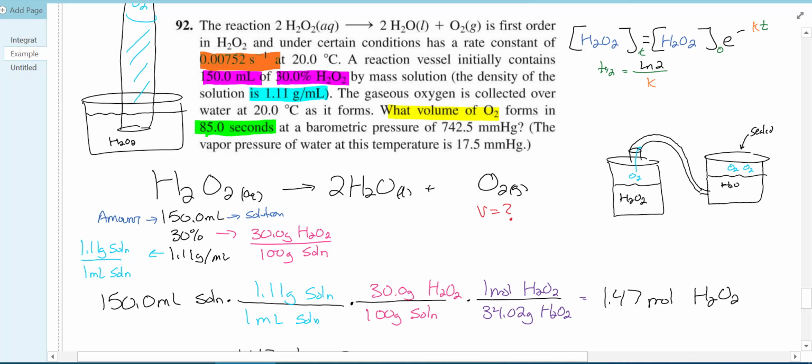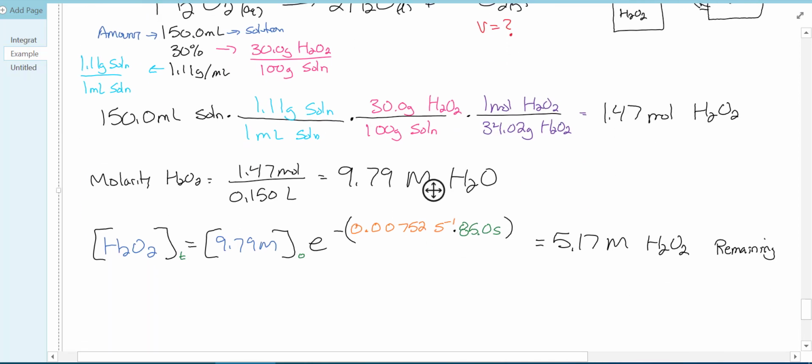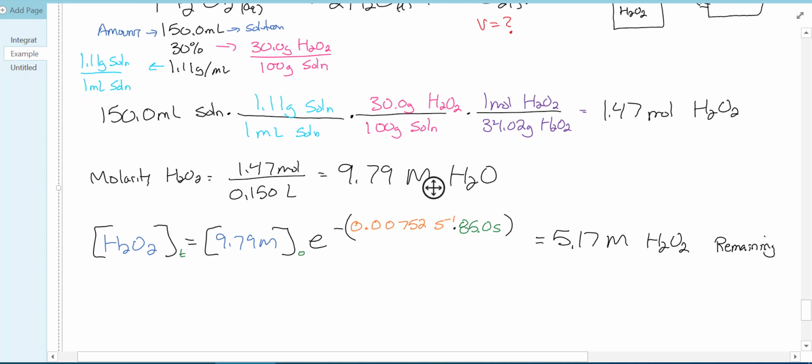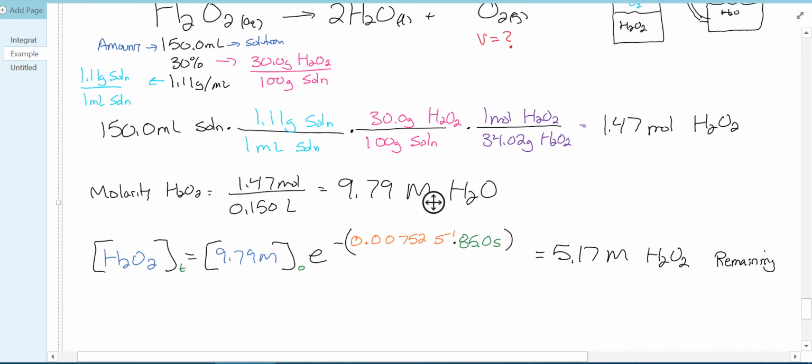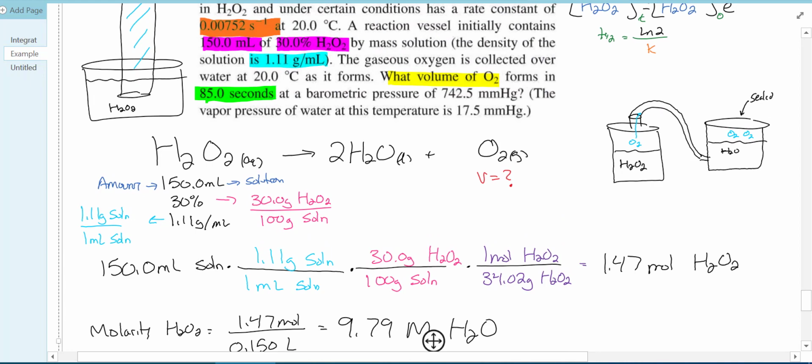All right, going back to this. We have that much remaining. We know what we had to start with. We want to know how much reacts, right? Because we want to know ultimately how much oxygen is produced. So if I need to know how much oxygen is produced, I need to know how much hydrogen peroxide reacted.